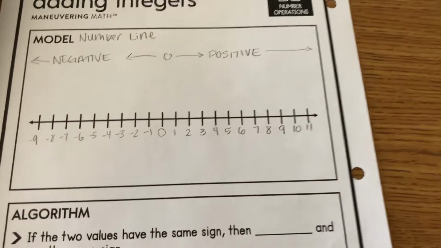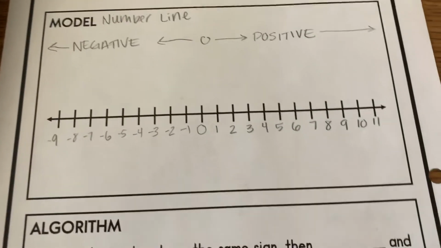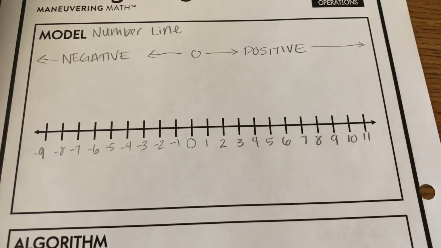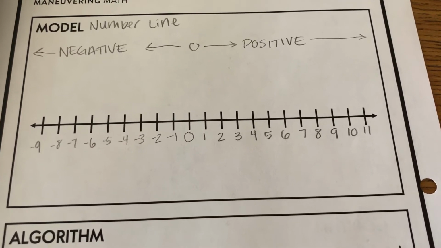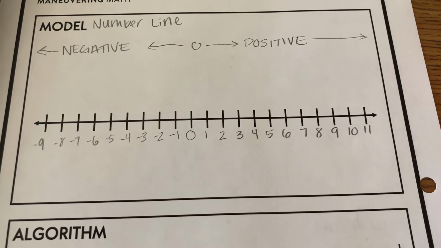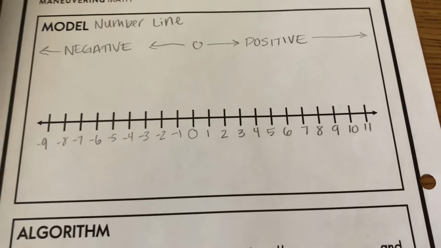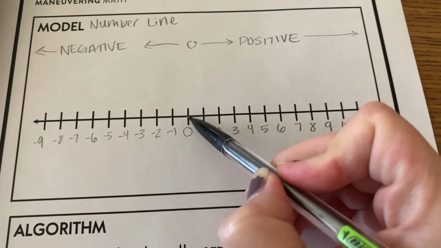Okay, when you have a number line like this, it just goes on and on and on. All right, so using a number line works when we have smaller numbers, right? But for me, the number line is also really helpful in just visualizing a math problem. Okay, so you're always going to start your pencil at 0.